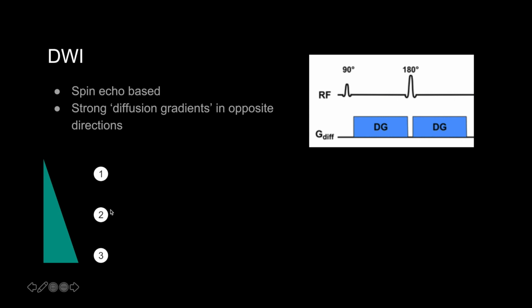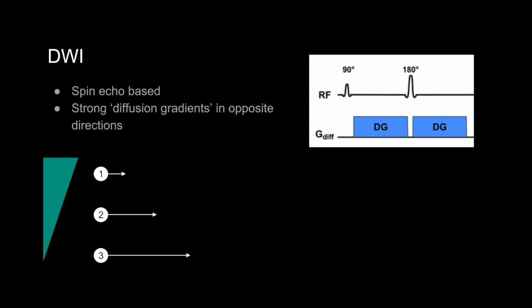These nuclei are all going to precess at slightly different frequencies, namely 3 is going to precess at a faster frequency, and 1 at a lower frequency. As a result, the ones that precess at a faster frequency or higher frequency are going to accumulate more phase.